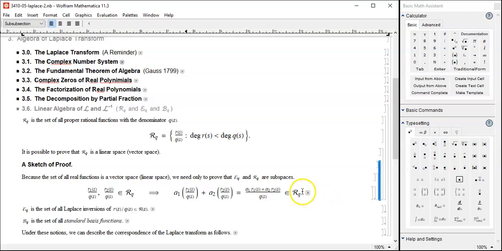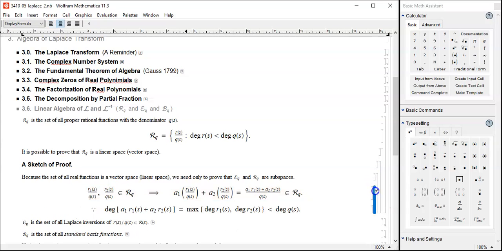Is it closed under linear combination? Well, A1 times one rational function plus A2 times another rational function, and the denominator is the same, so we just have A1R1 plus A2R2 in the numerator. If you look at the numerator and get the degree, it has to be less than the degree of the denominator, because all we have is multiplying by constants and taking like terms together.